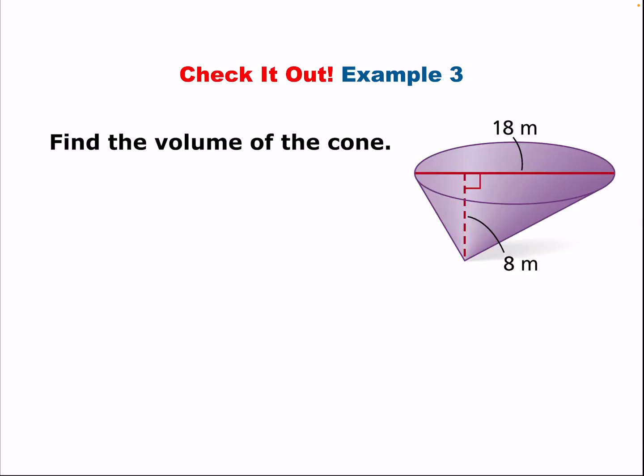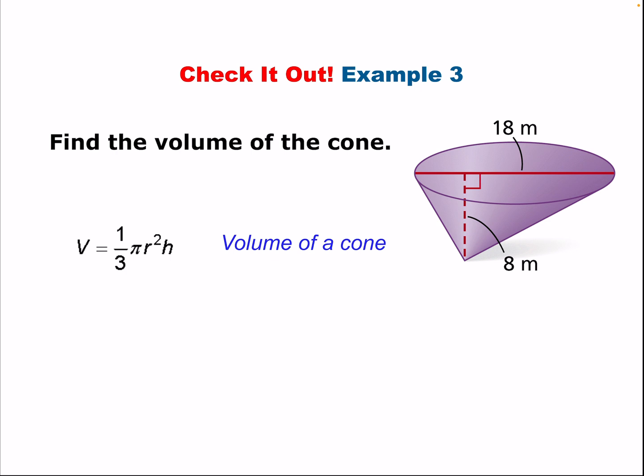Find the volume of this cone. So the height of this cone is 8, and the diameter this time is 18. What am I supposed to do? Pause this and solve. So remember, because the diameter is 18, that means the radius is 9. They give you the height, which is 8. So now you just take your formula.